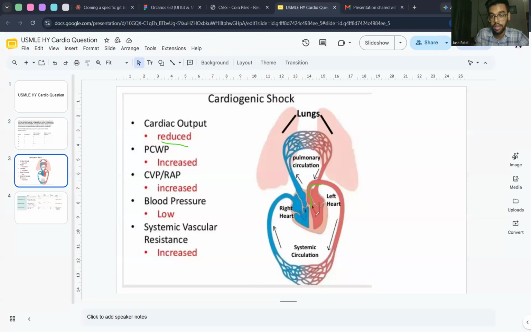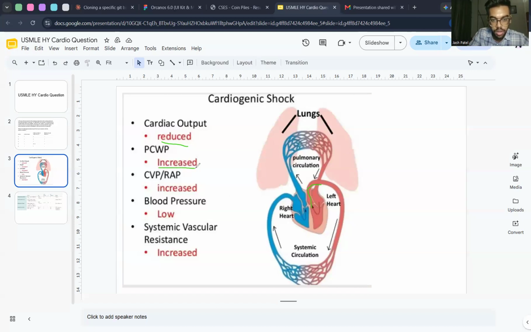So it is an indirect measure of the left atrial pressure. We can't measure the pressure of left atria directly, right? It would be very invasive. But for USMLE step one purposes, all you need to know is that it is an indirect measure of the left atrial pressure, which goes up in cardiogenic shock, right?